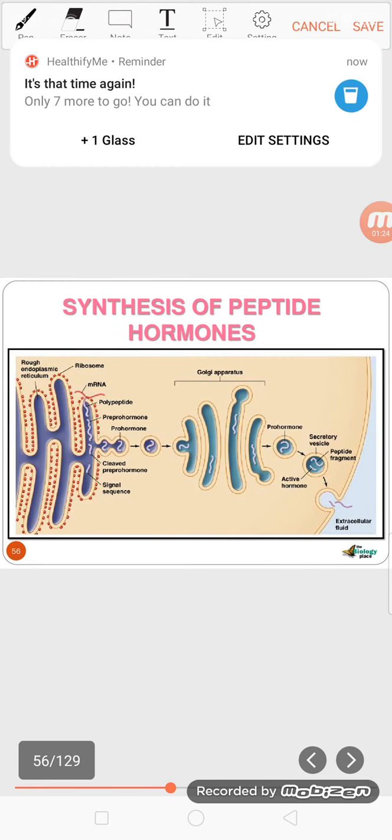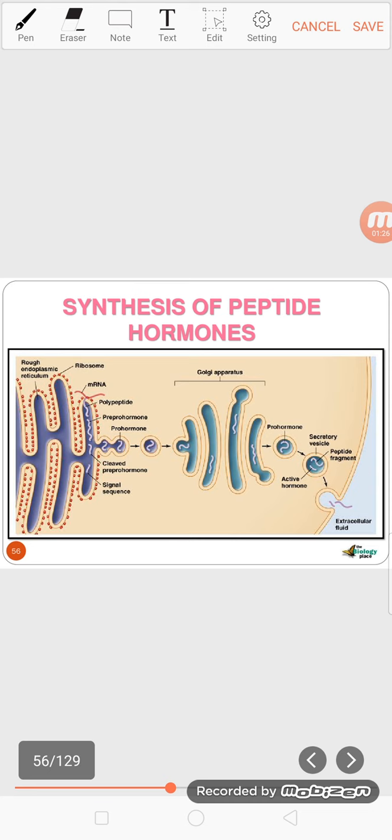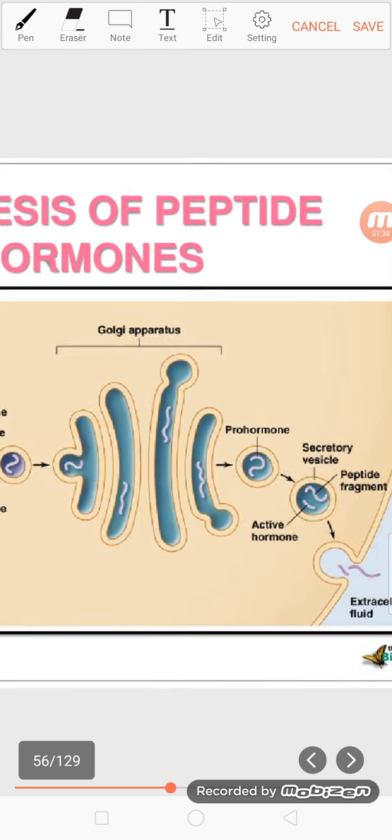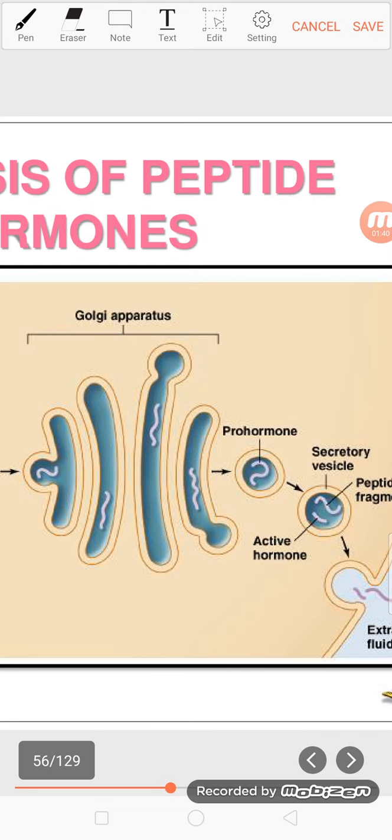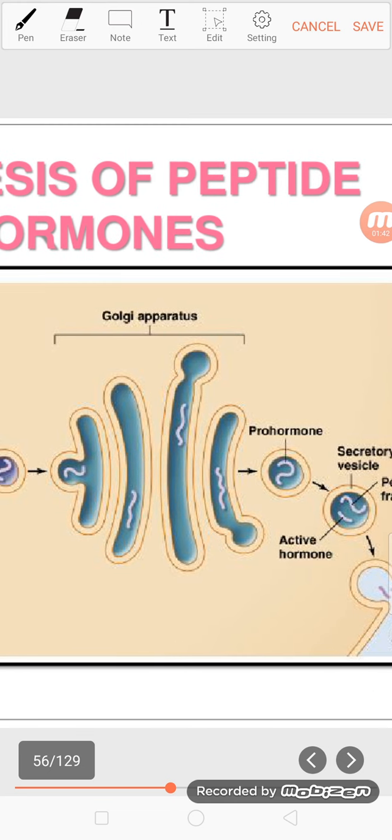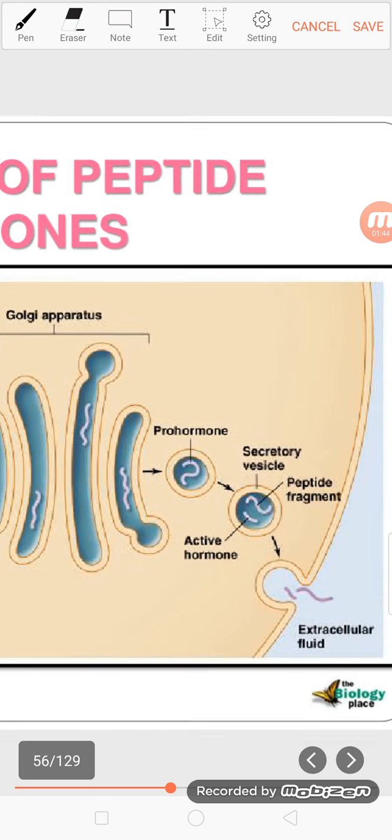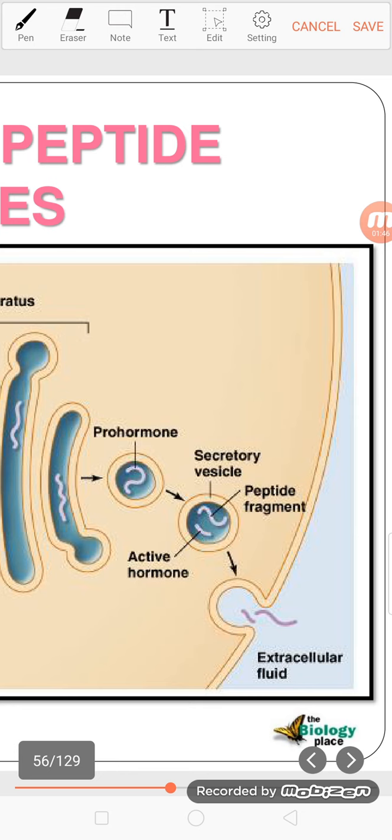In the end, after the mRNA is read by the endoplasmic reticulum, Golgi apparatus and ribosomal RNA, we get the polypeptide. So as you can see here, in the end we have this prohormone. The prohormone consists of polypeptide, so it will be packaged in a secretory vesicle.